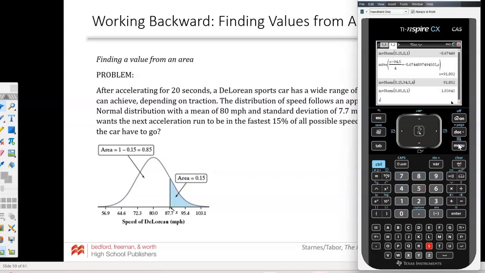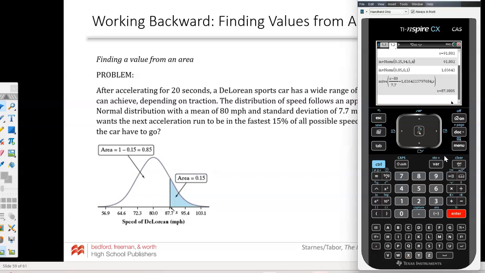So we're going to use the solve command, solve, and we're going to go control divide and x minus the mean of 80 over the standard deviation of 7.7 equals, I'm just going to grab that number, it grabs the full number, by the way, from the calculator memory there, comma x, you have to put comma x to solve.